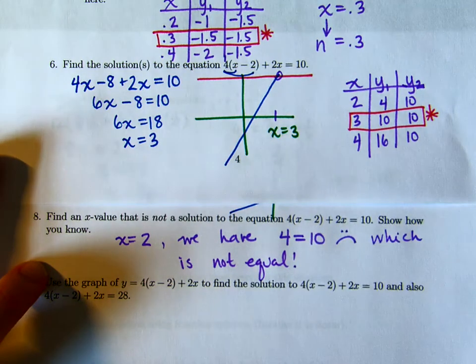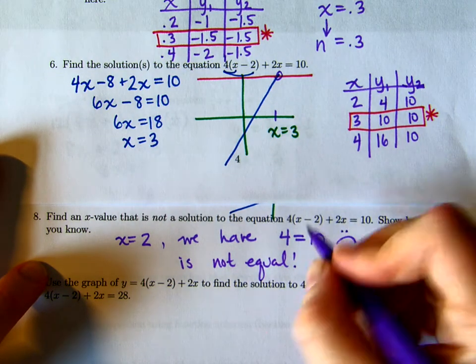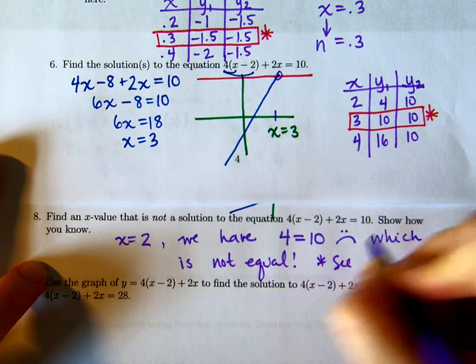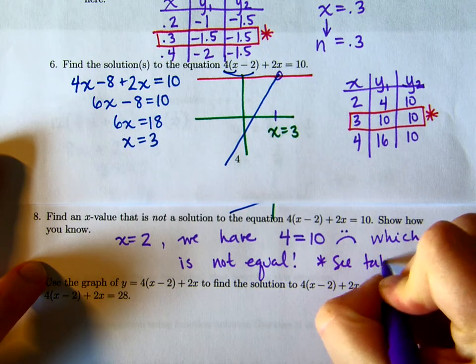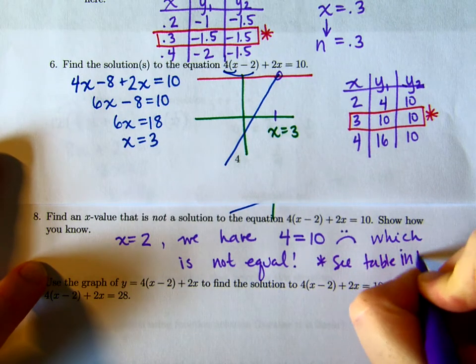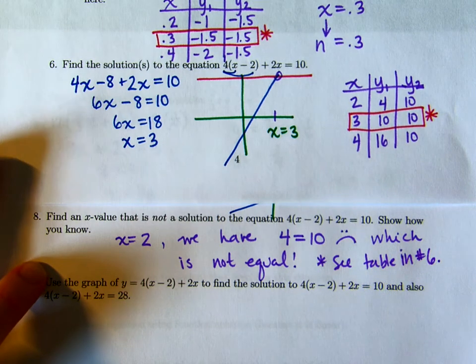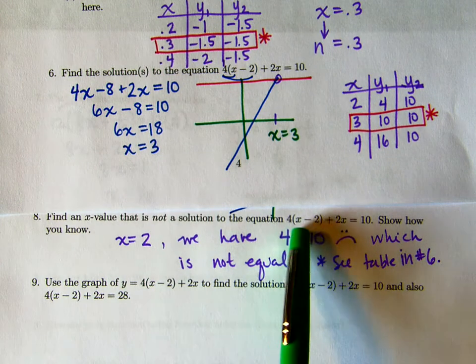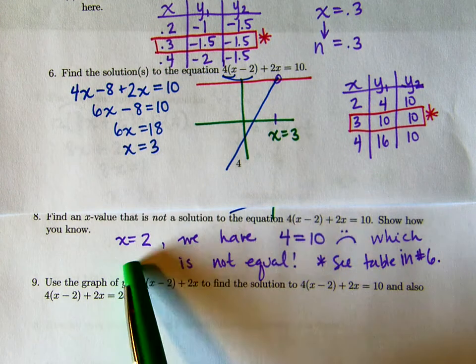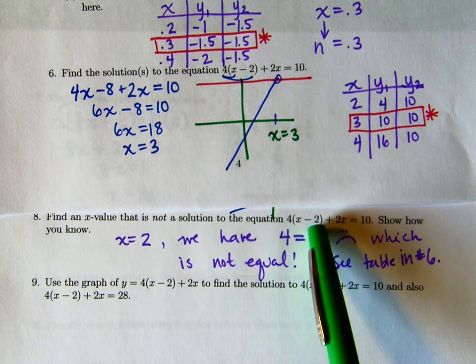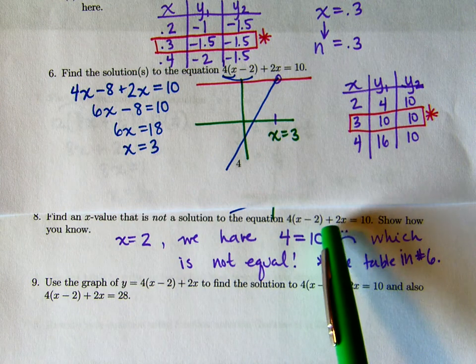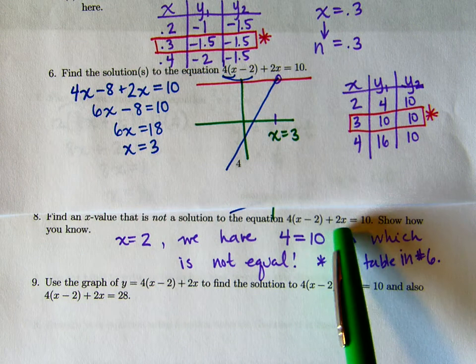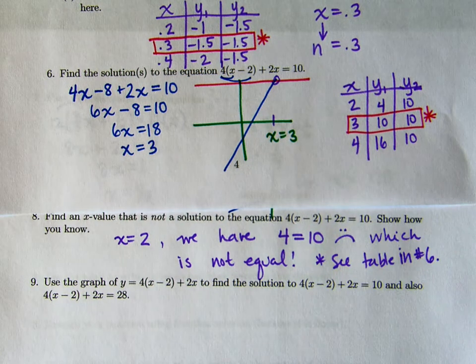And we use, see table in number 6. Make sure you reference where you did your work, because we will always be looking for the work. But we could have also plugged this in and seen that, 2 take away 2 is 0, 4 times 0 is 0, and 2 by 2 is 4. So 4 equals 10. Nope.